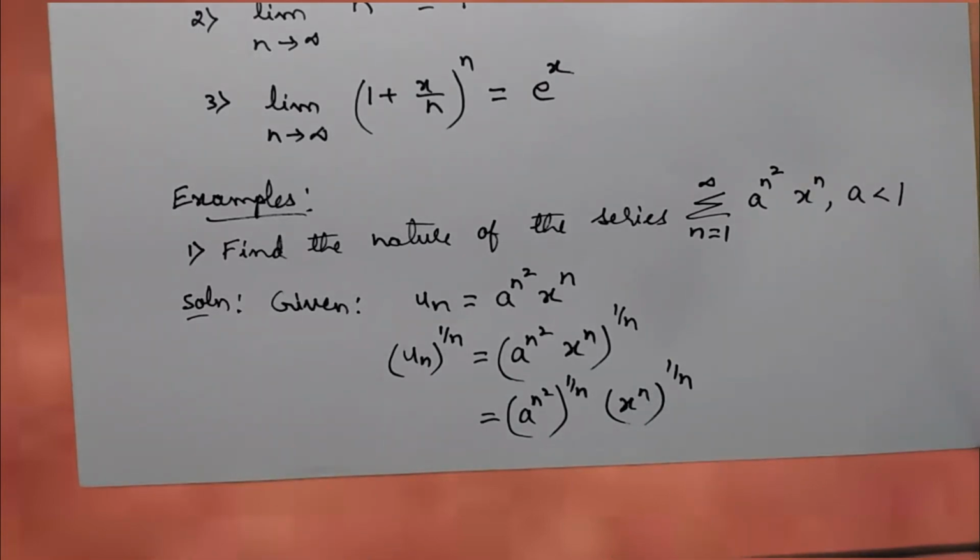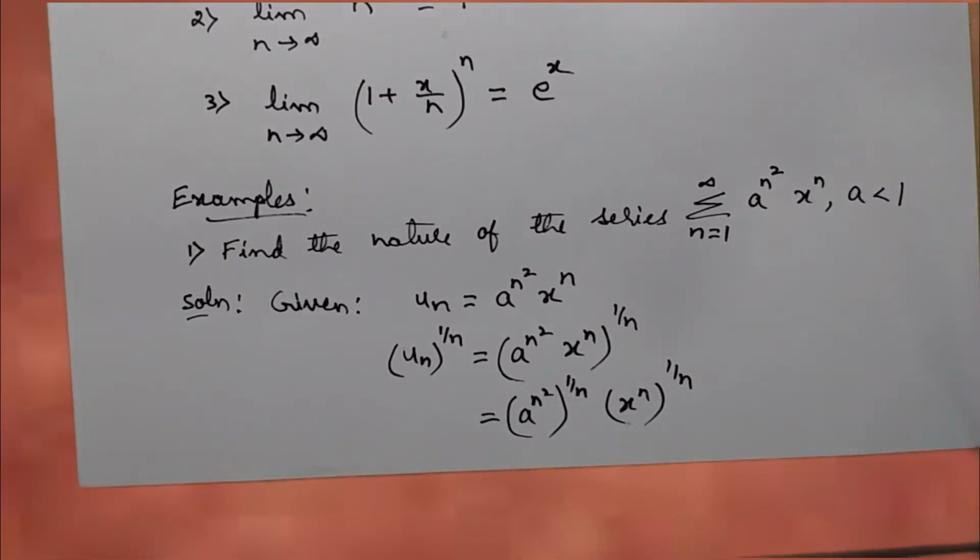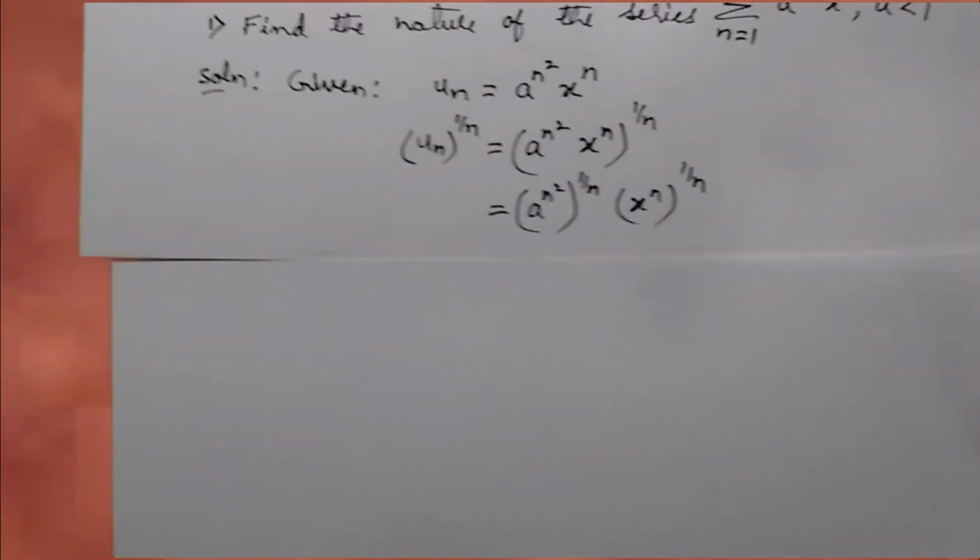Let us cancel the n in n square with the 1 by n. One n will cancel out, and we will be left with only a to the power of n.